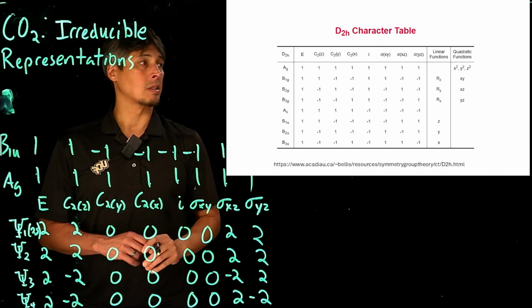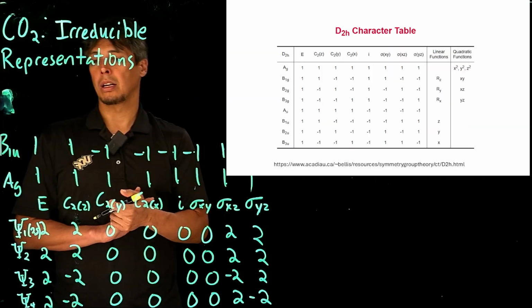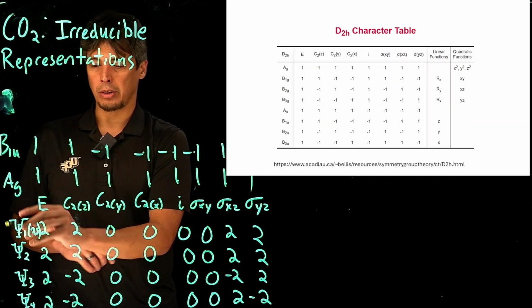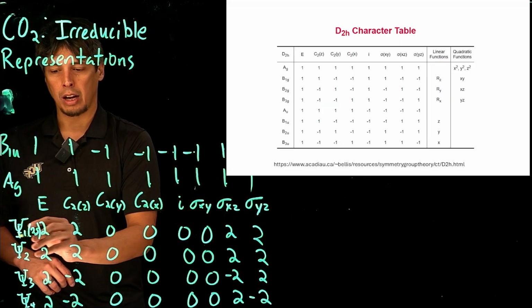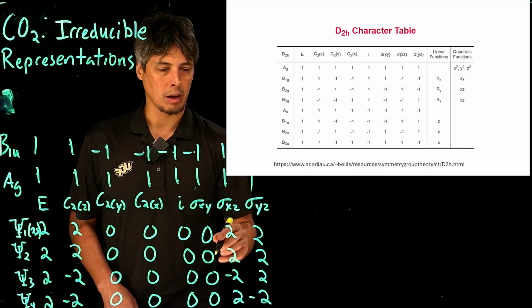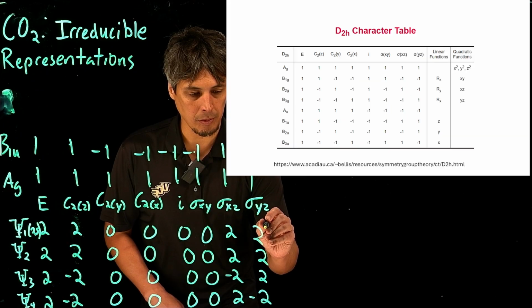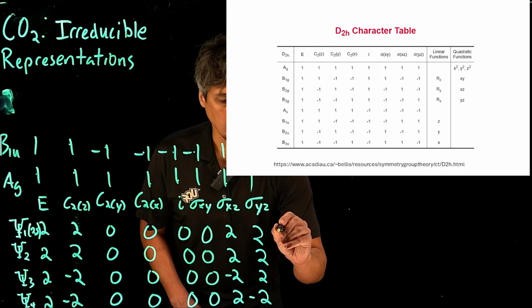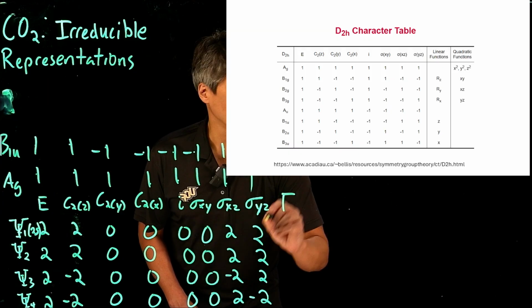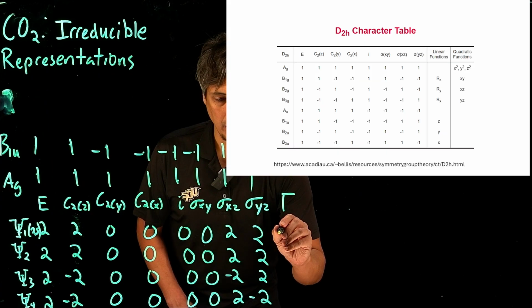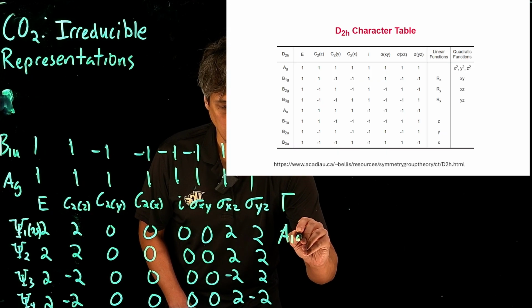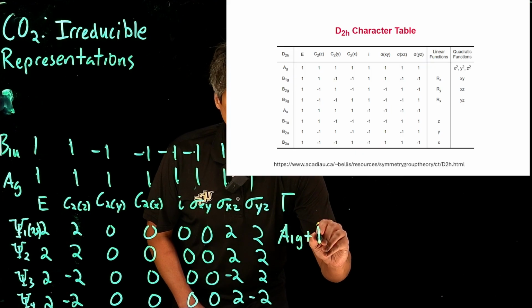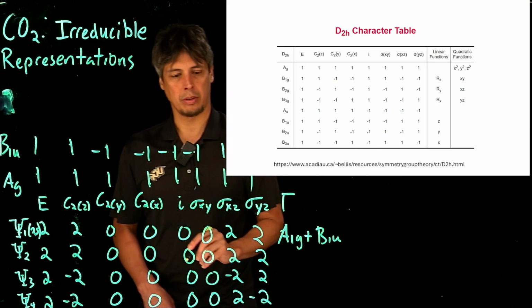And so what we can say then is that the combination of the Ag plus the B1u yields the reducible representation for the first wave function here, generated from the 2s atomic orbitals. So we refer to this as gamma equals A1g plus B1u.